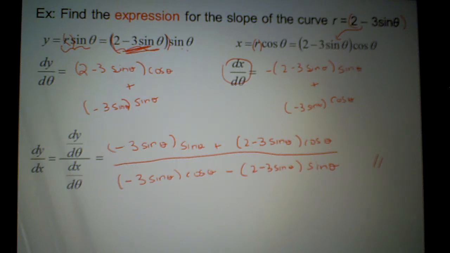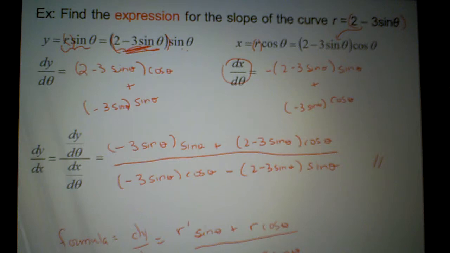Notice that if you had used the formula from the screen previously, my formula for dy dx is r prime sine theta plus r cosine theta over r prime cosine theta minus r sine theta, which is exactly what we have here.